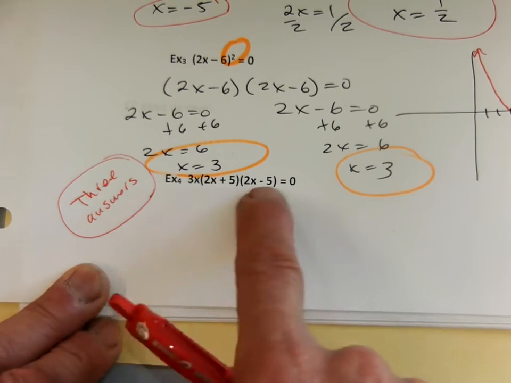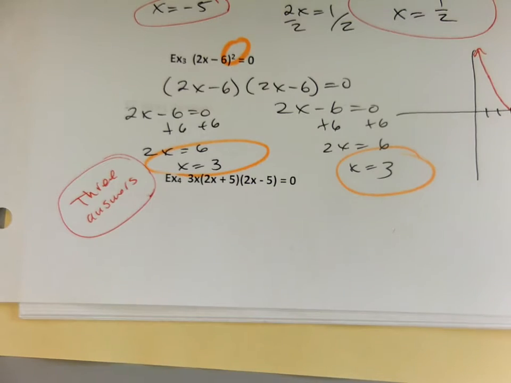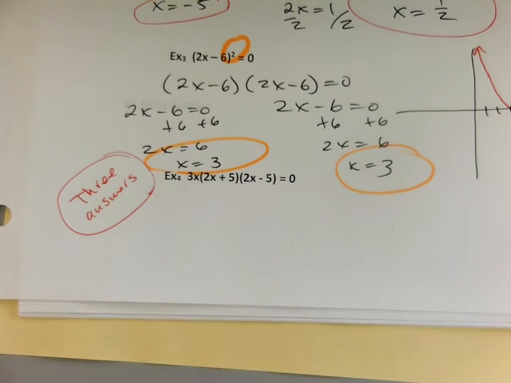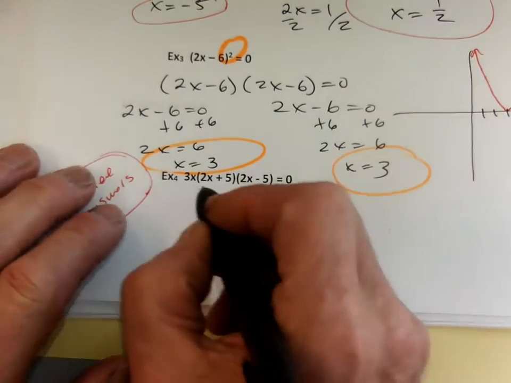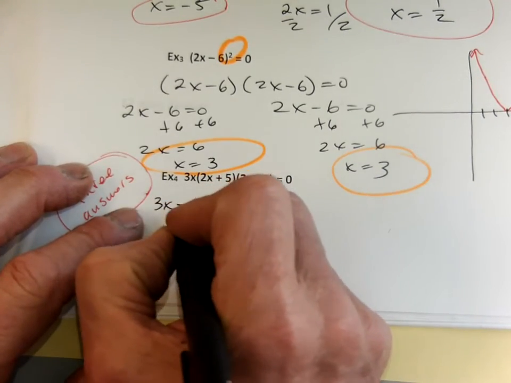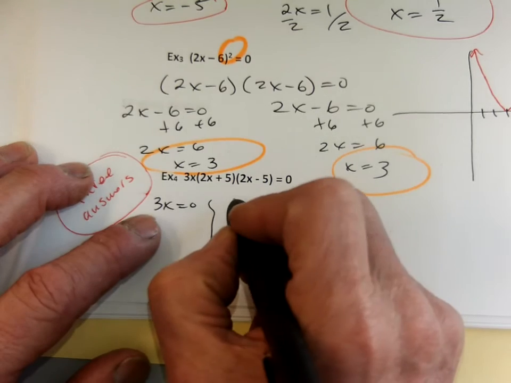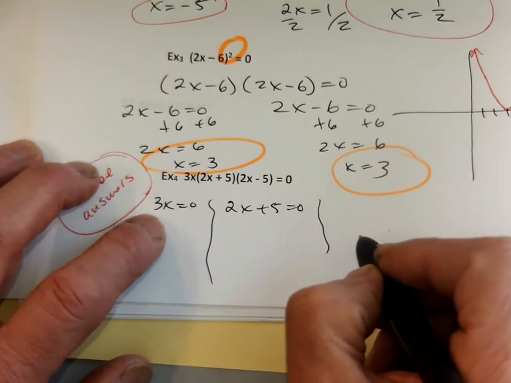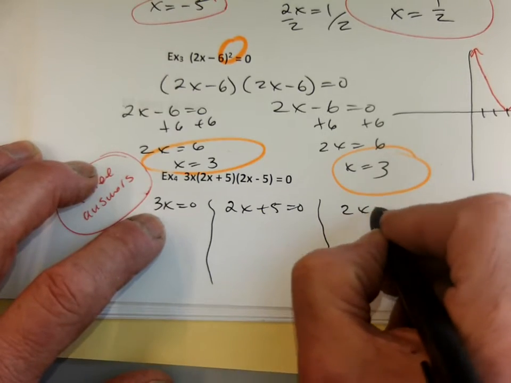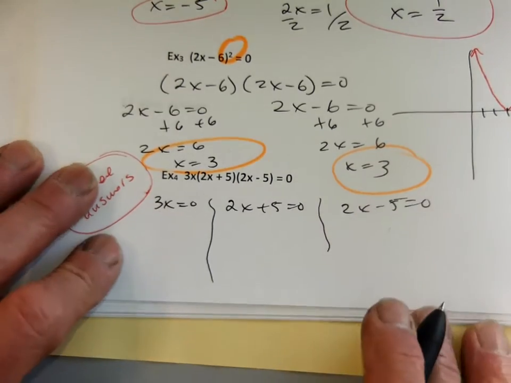Well, I've got 3 mini equations, and I have 1, 2, 3 x's, so I'm going to have 3 answers. So let's write our 3 mini equations. One is 3x equals 0, and a 2x plus 5 equals 0, and a 2x minus 5 equals 0, okay?